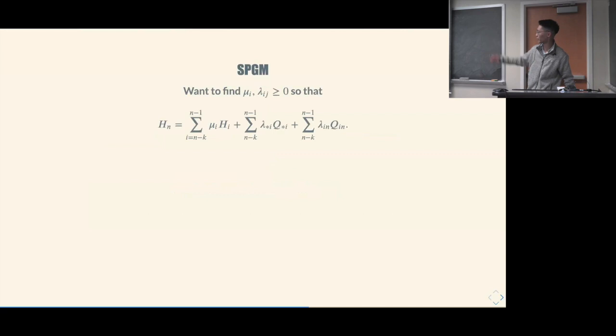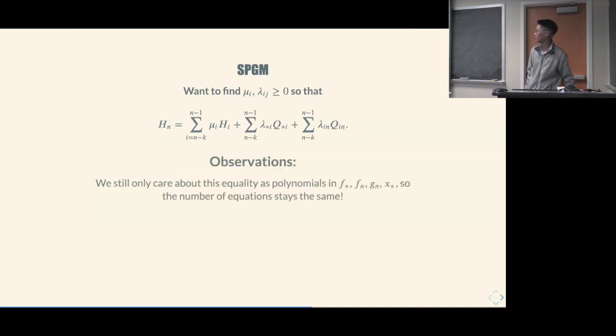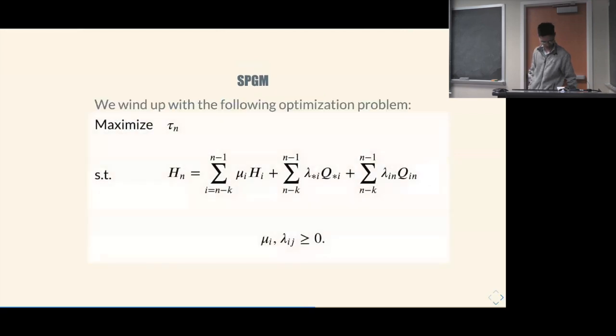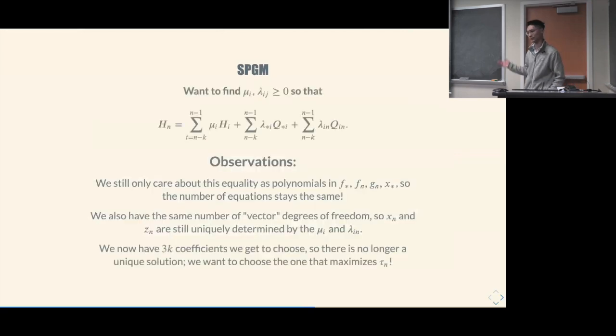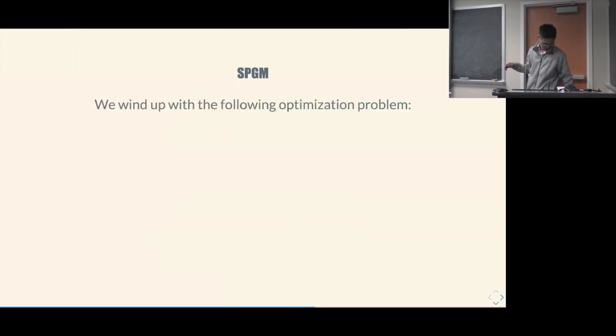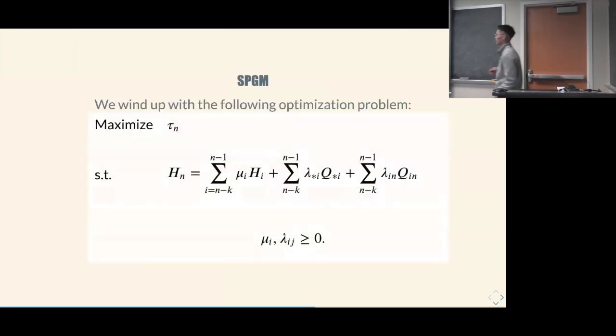So we want to write the next step of our inductive proof as a non-negative combination of things we already know to be non-negative. And essentially, everything else stays the same, except now we have more free parameters than we have equations.